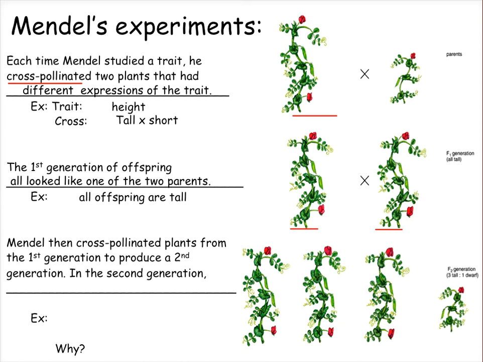In the next step of his experiments, Mendel would take the plants made in the first generation, and he would then cross-pollinate them. So we can see here, this X here means cross-pollinate. So he took these two first generation offspring plants, and he cross-pollinated them.